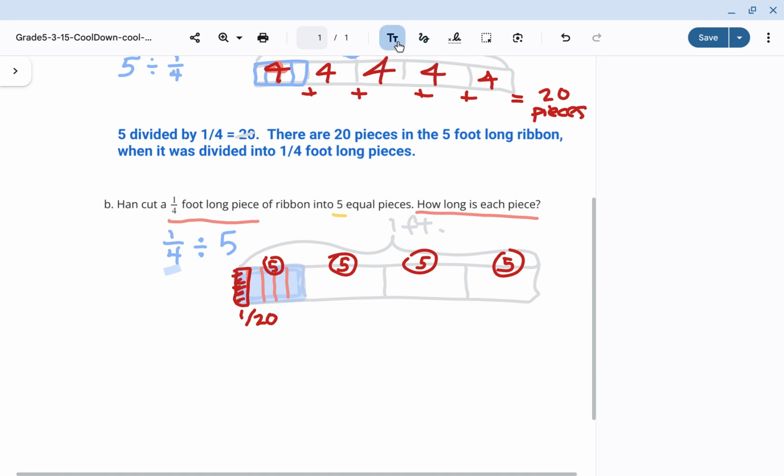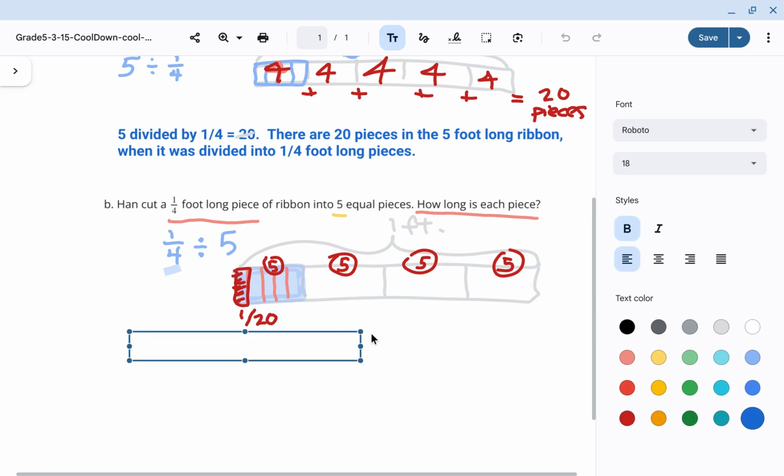Let's go ahead and come down and make sure that we write out some reasoning for that as well, because certainly that's some sound math thinking that is leading us to that answer. So I'm going to write that I had 1/4 and I divided it by 5 and that equaled 1/20.